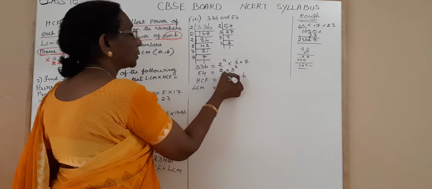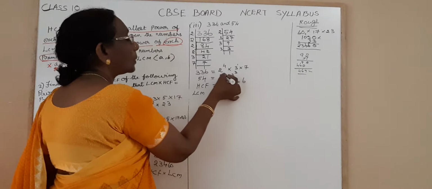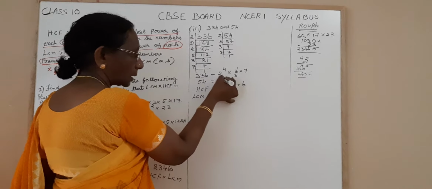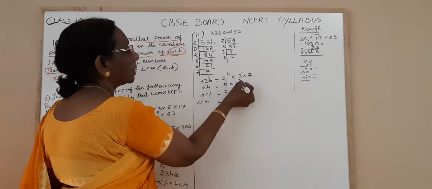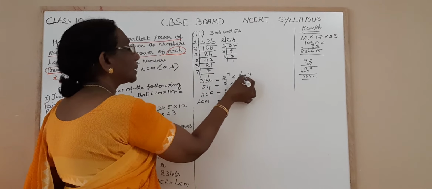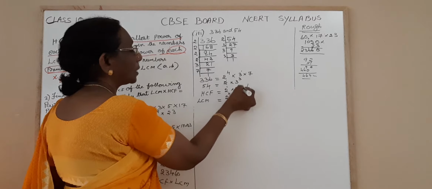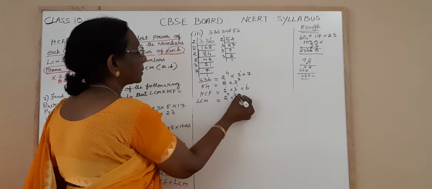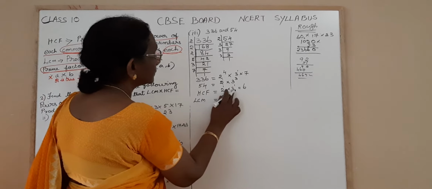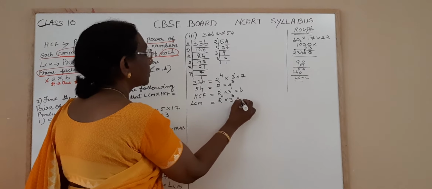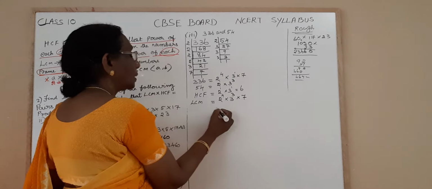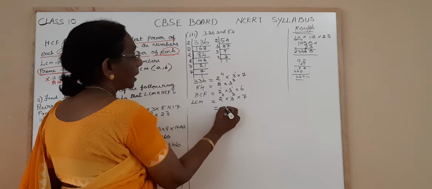We have common prime factors. So among the common, you have to select only the greatest power. So 2 to the power 4. Now again 3. When you are taking the 3, you have to take only the greatest power. So we are taking 3 cube into 7.